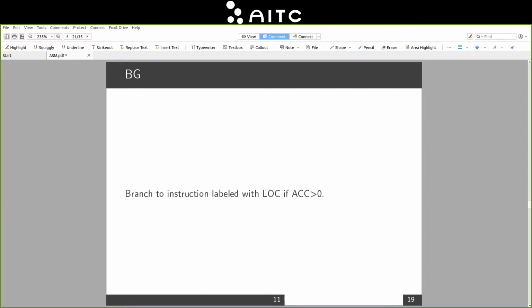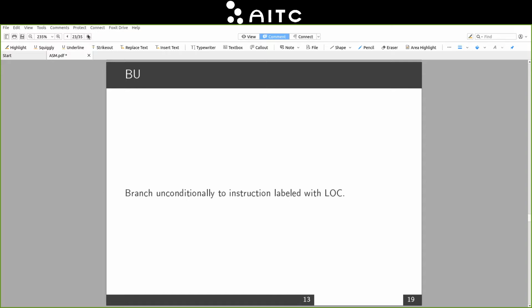And BG, branch instruction label with LC if ACC is larger than 0. This is easy to understand. And there is also BL if ACC is less than 0.